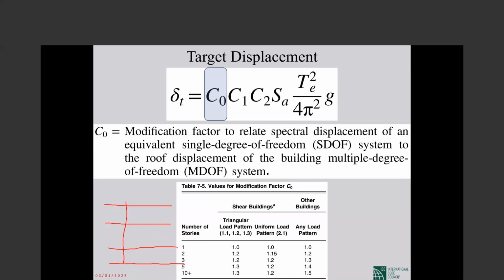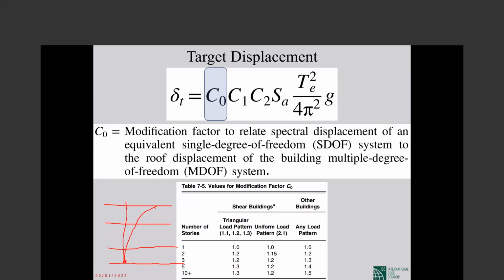Some buildings, when they are under static lateral load, the form of deformation looks like this. We call them bending type deformation, like a bending cantilever, for example.